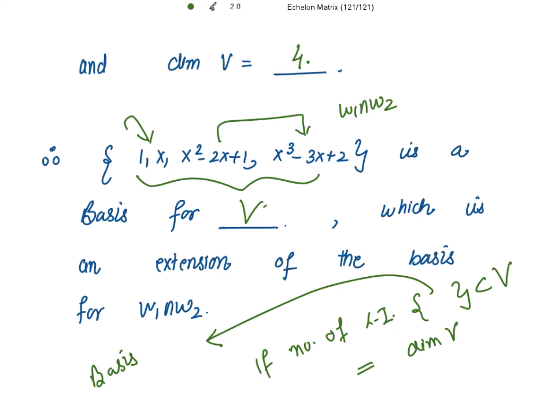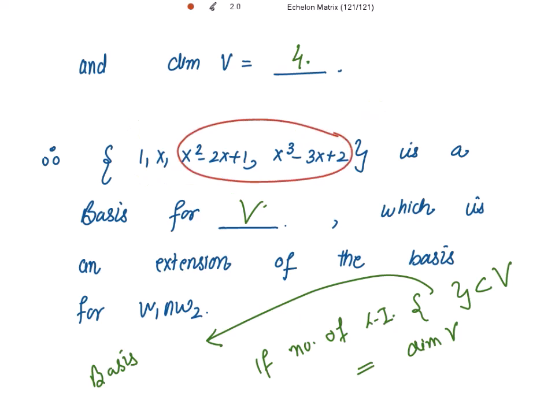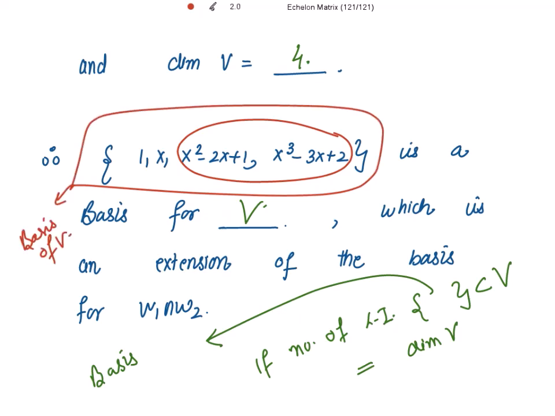So all these polynomials become the basis for V. We have extended the basis of W1 intersection W2 to the basis of V.